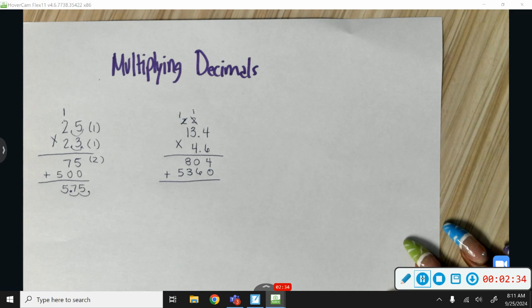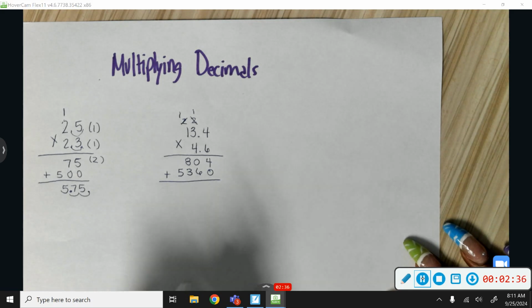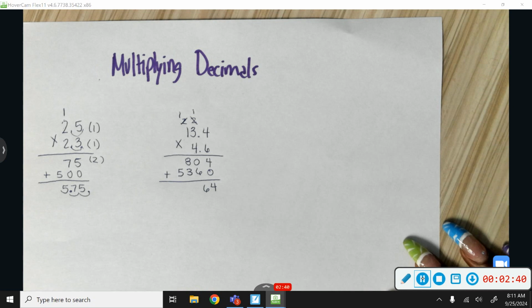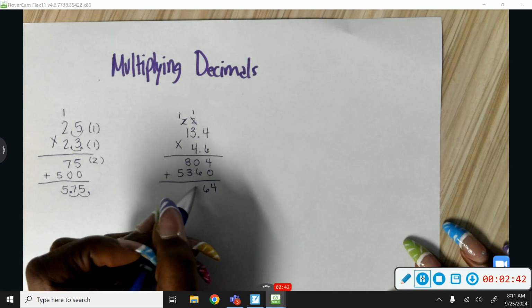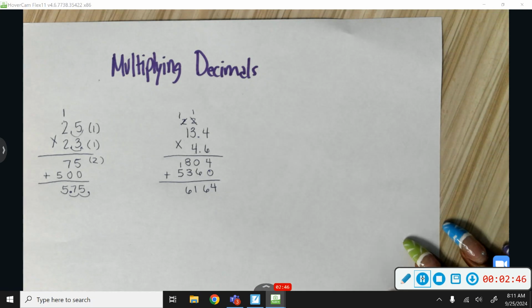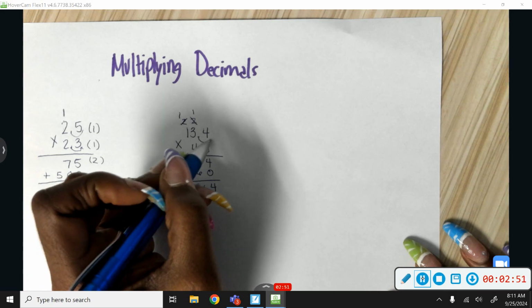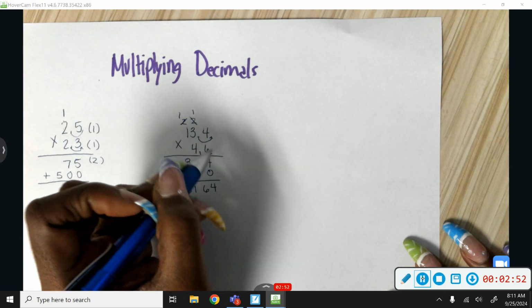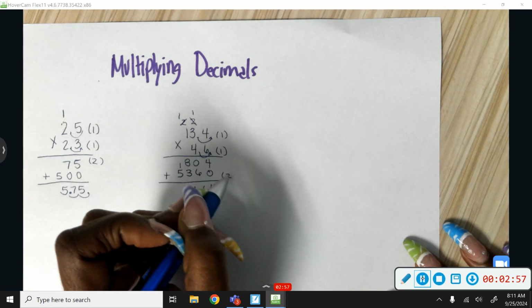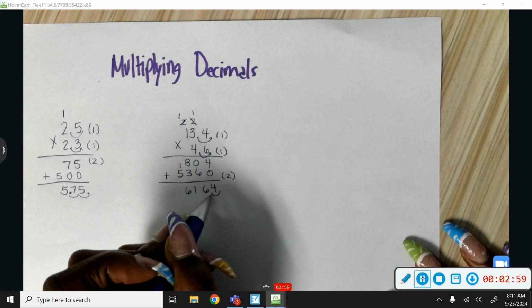Same thing, determine my sum or my total. Then I need to determine how many times I'm going to move my decimal. 1, 1. So that's a total of 2 moves. 1, 2.